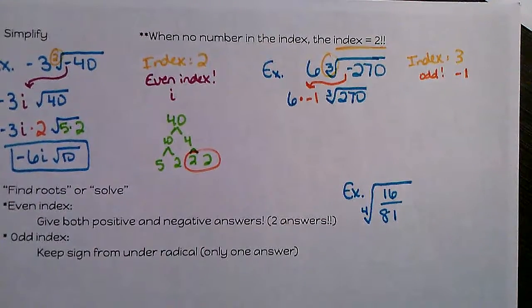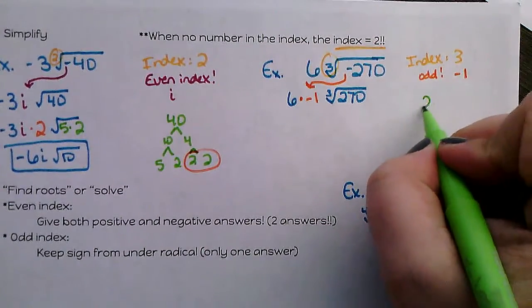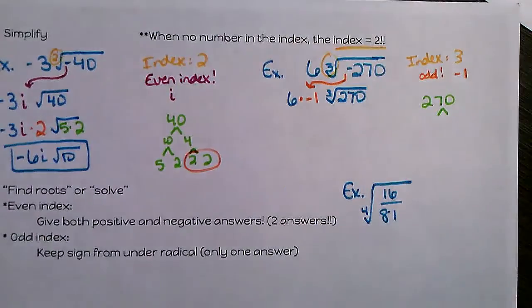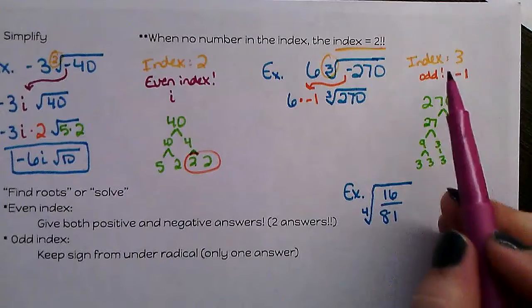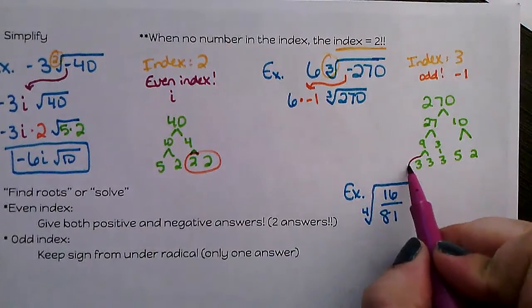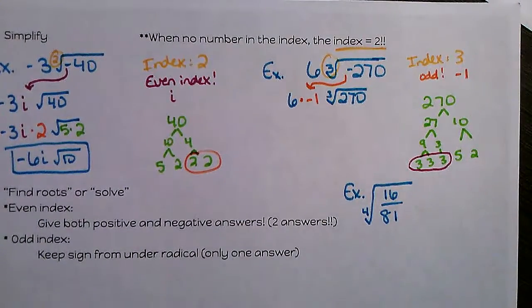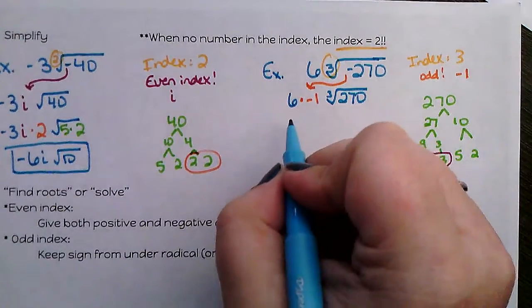Now, if you could figure out how to do that in a calculator or on your phone, that's awesome. If you can't, then make a factor tree like me. So 270 divides by 27 and 10, and then you can see that breakdown. So I need to circle how many at a time? Well, since my index is 3, I have to circle 3 at a time. It looks like I have 3 3s. The 5 and the 2 are not going to escape.